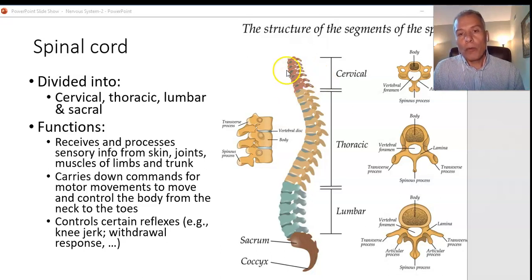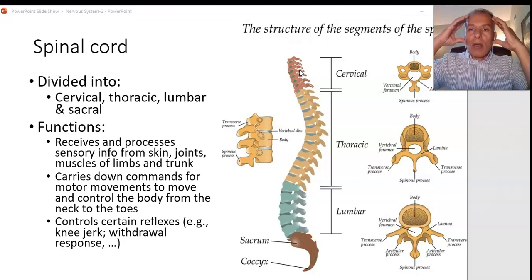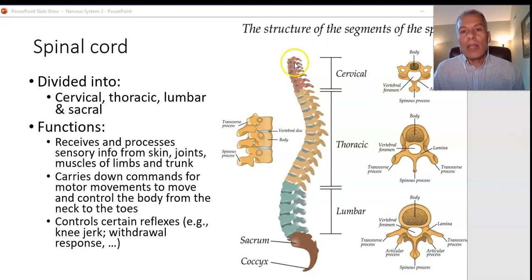So the first part, the top segment of the spinal column, is the cervical segment. Cervix is the opening around the neck. The cervical vertebrae sit on top of the cervix and under the skull. And there are 7 of them.